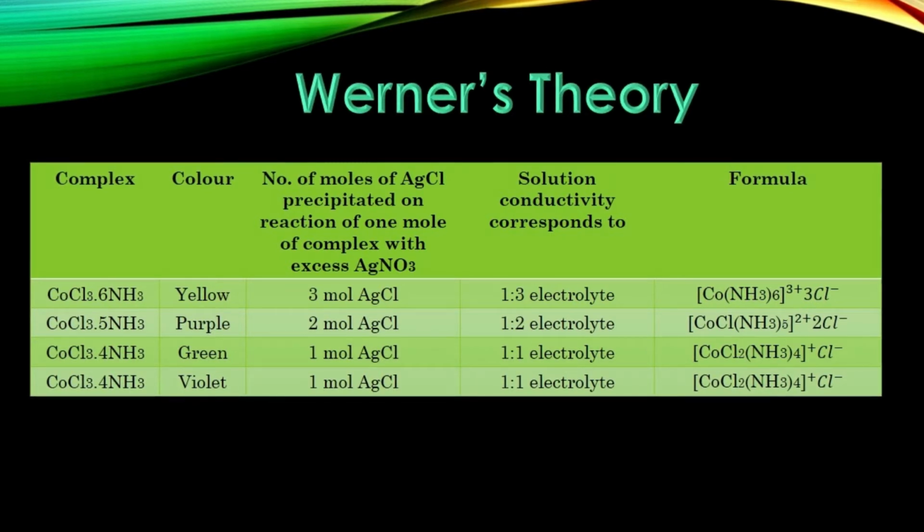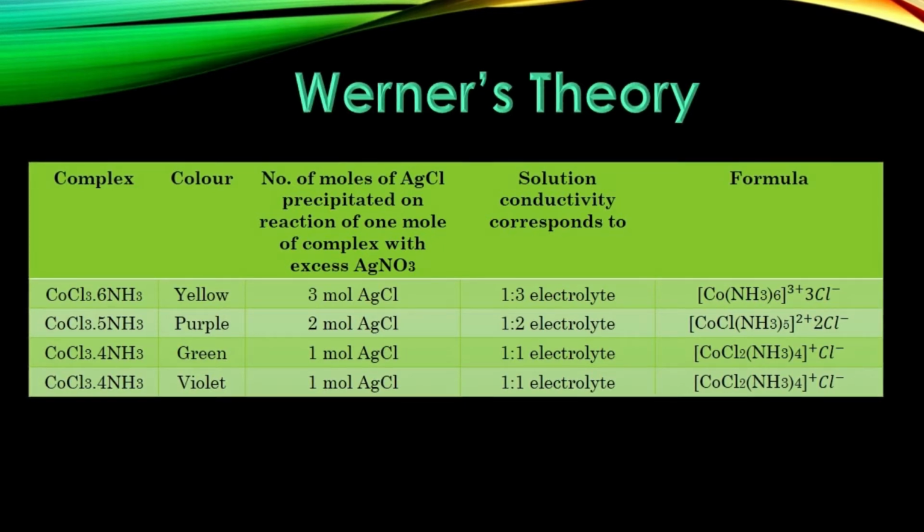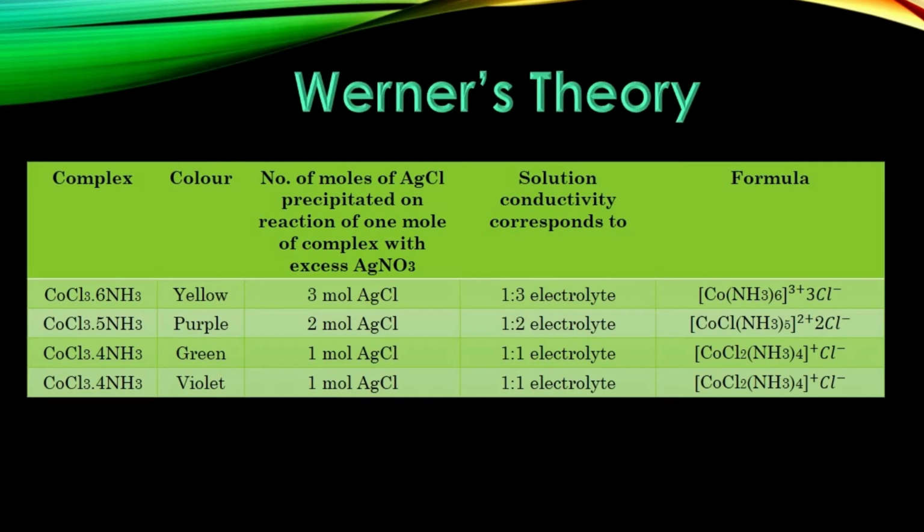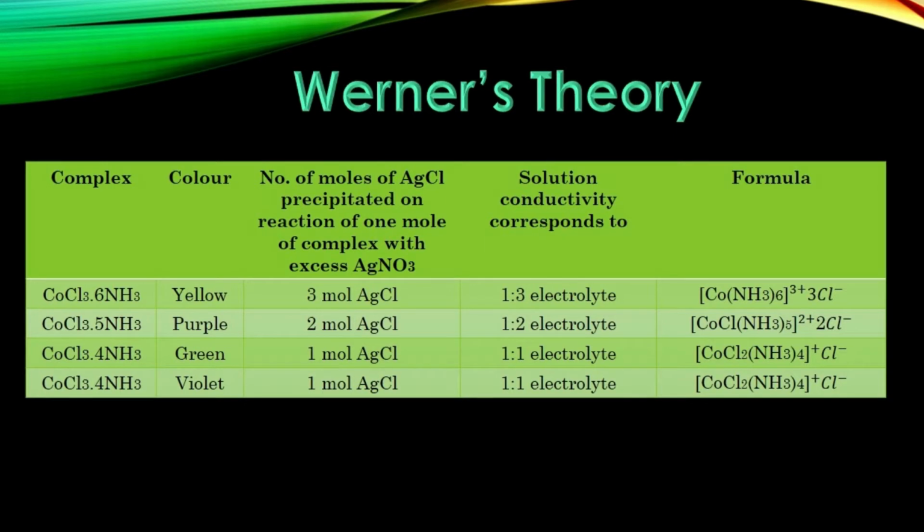This means that the compound CoCl3·6NH3 has 3 ionizable chloride ions, whereas in the compound CoCl3·5NH3 only 2 chloride ions are ionizable. Similarly, the compound CoCl3·4NH3 gives only 1 mole of silver chloride when treated with excess of silver nitrate, which indicates that the complex has only one ionizable chloride ion.